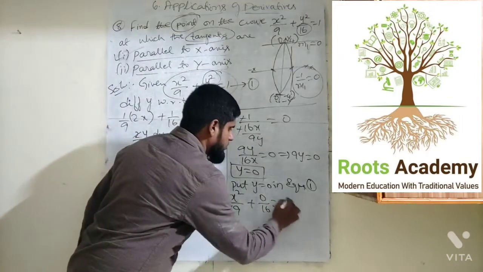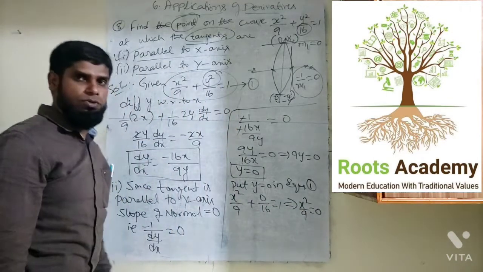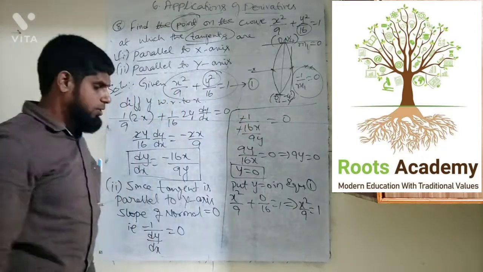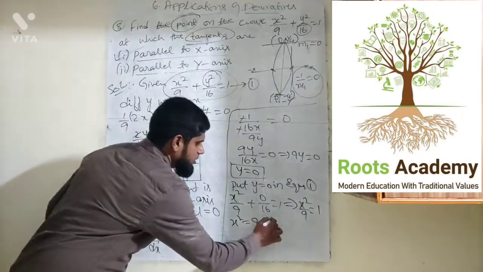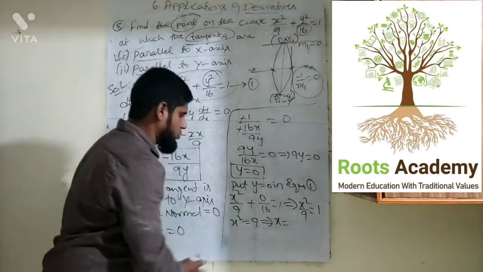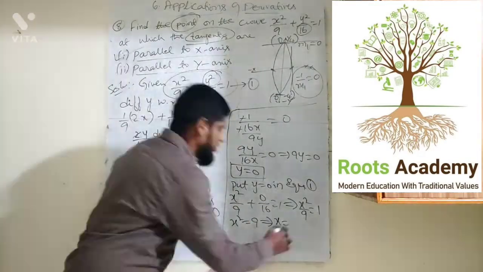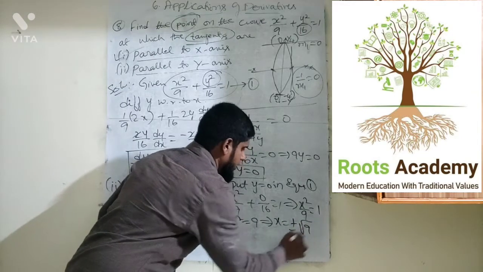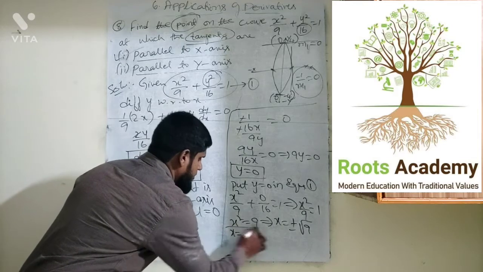So this gives x square by 9 is equal to 1. So with that, I will get x square is equal to 9. This gives x is equal to plus or minus root 9. So x is equal to plus or minus 3.